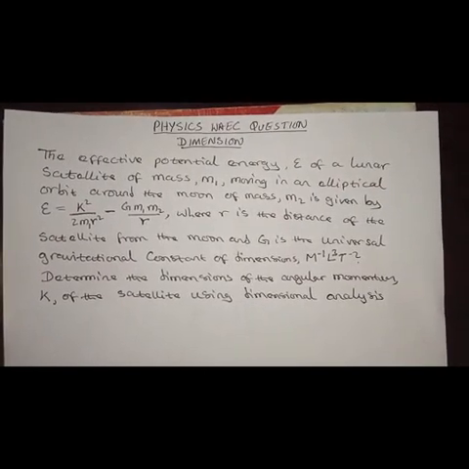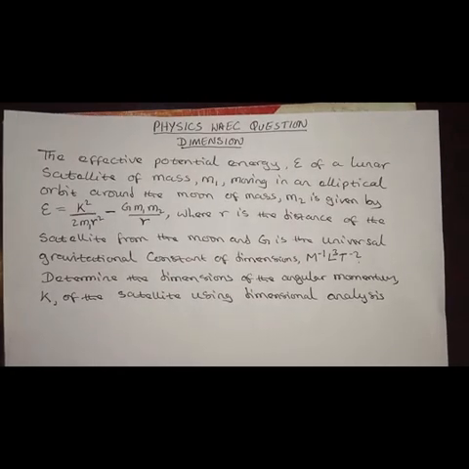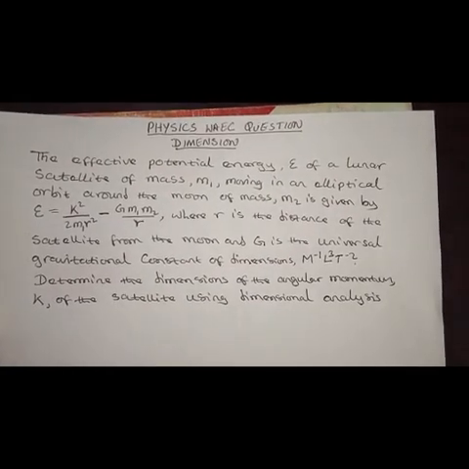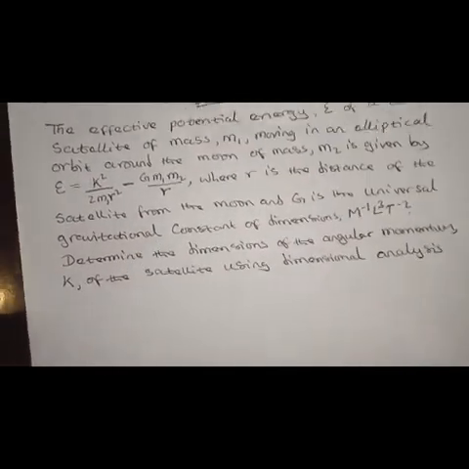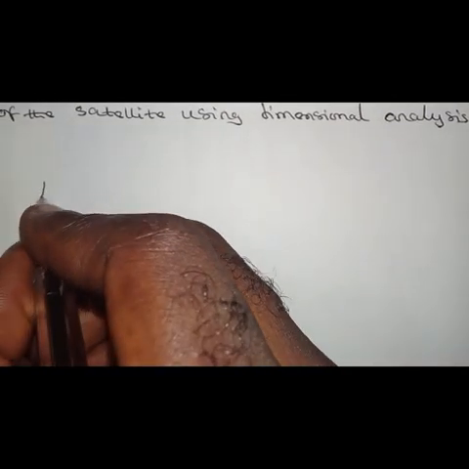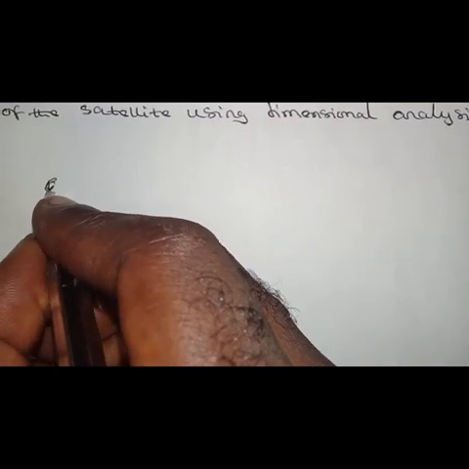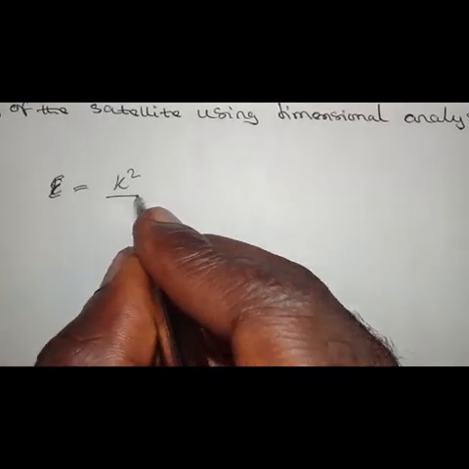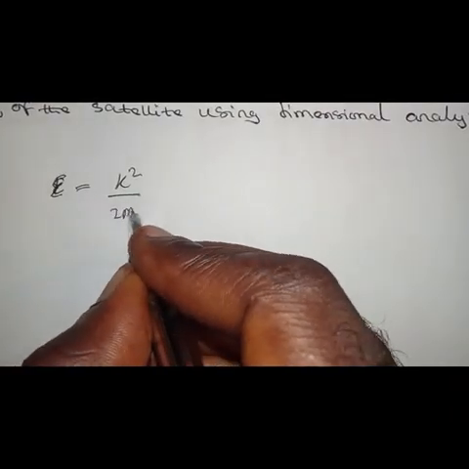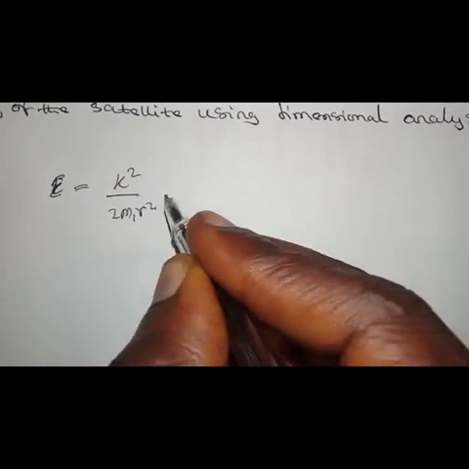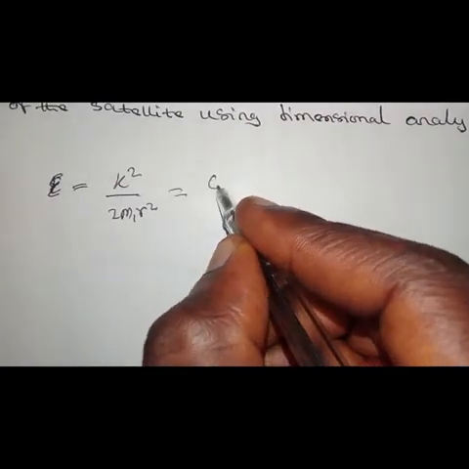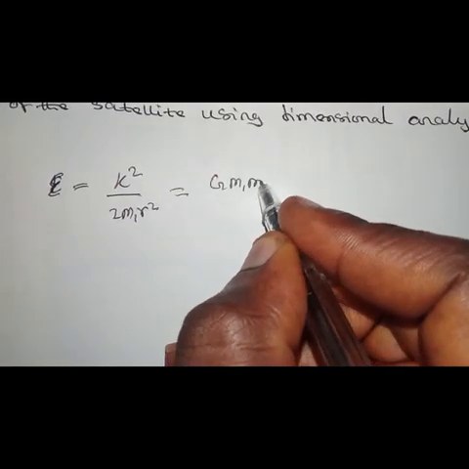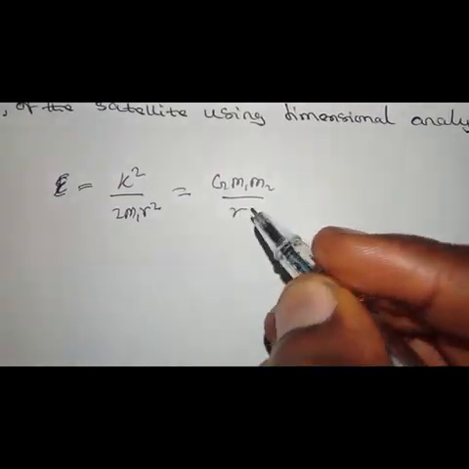So it means that E from this our equation is equal to k squared. Put it this way, we can say that dimensionally E is equal to k squared all over 2 m1 r squared, and it is also equal to G m1 m2 over r.